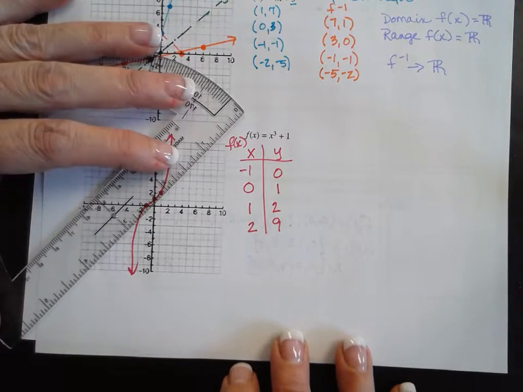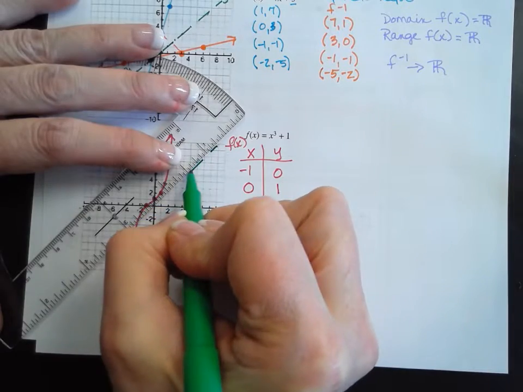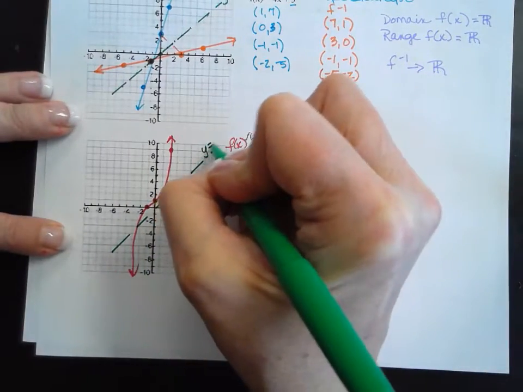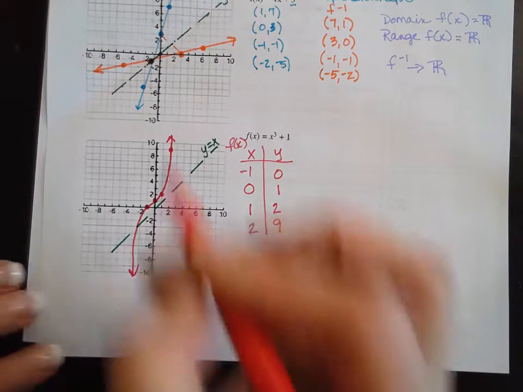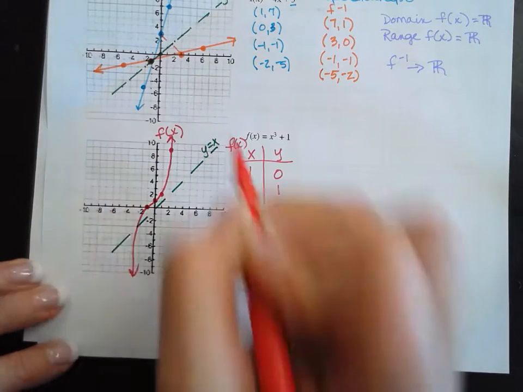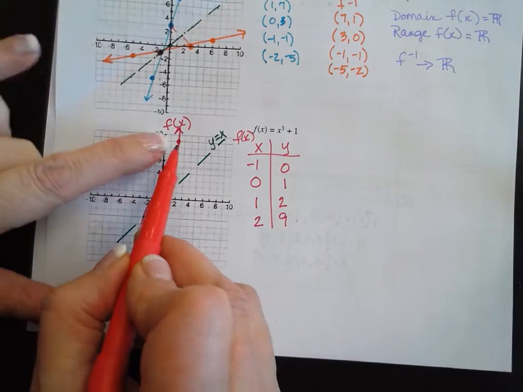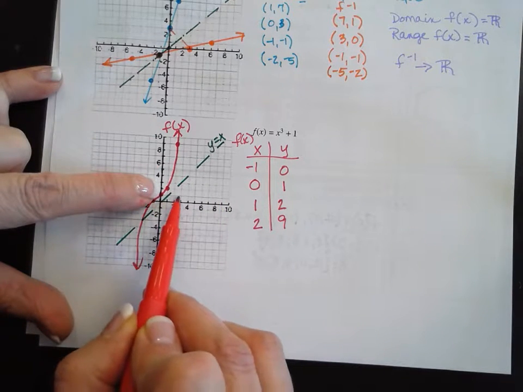Okay, my line of reflection is still going to be my y equals x. So again, I can look at it. This point's going to probably be somewhere over in here. This point's going to be somewhere over in here.